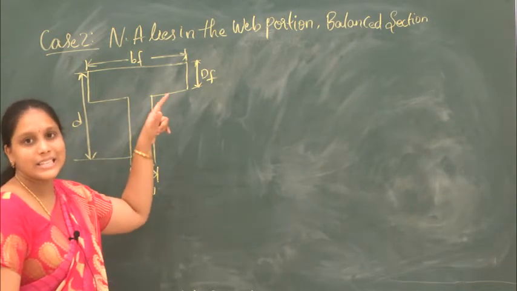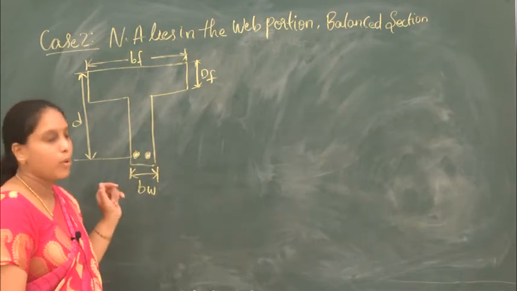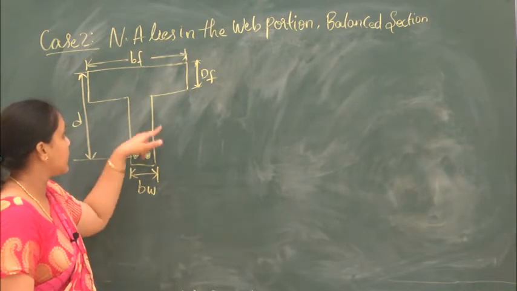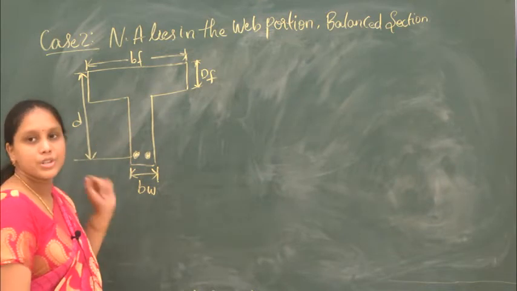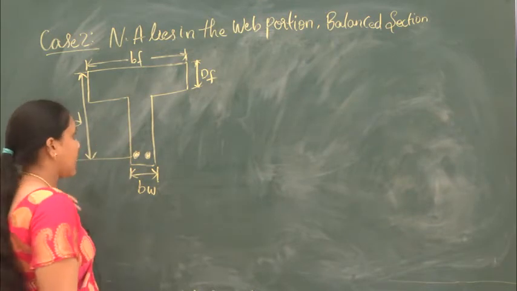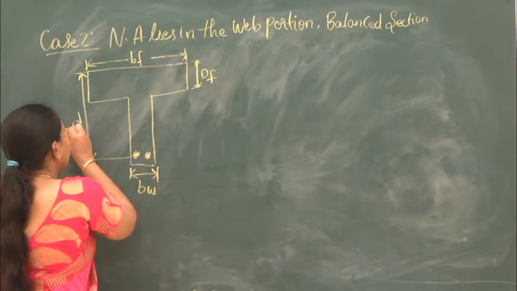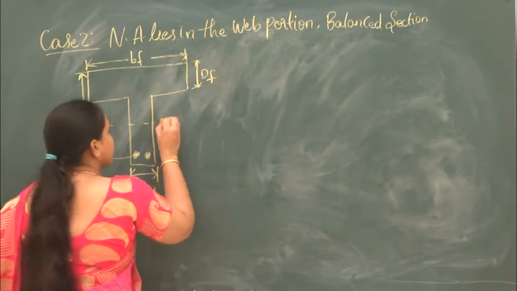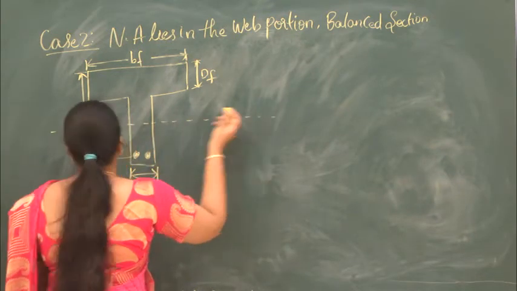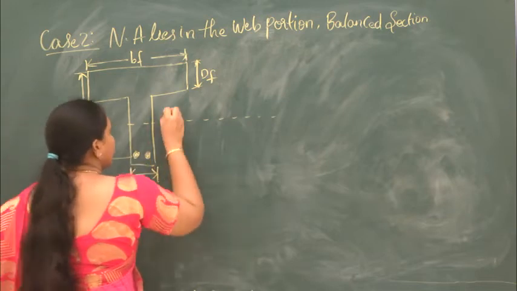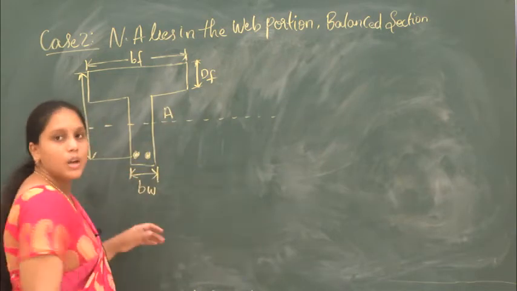Now what? The neutral axis here is lying in the web portion. So where is it? Here somewhere in this web portion the neutral axis is lying. So let us consider that the neutral axis is lying here in this web portion.